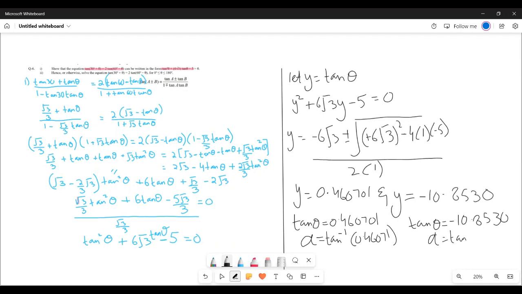Tan inverse 10.8530, which gives alpha equal 24.7356, and alpha equals 54.73.